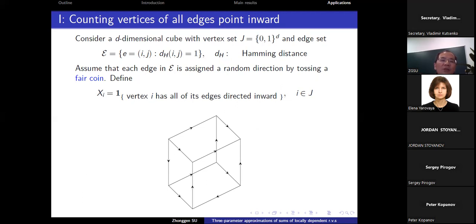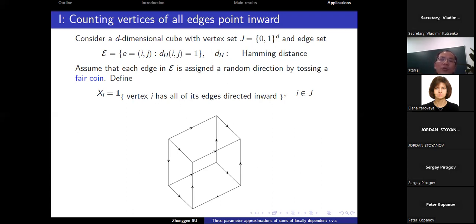Now define xi to be 1 if vertex i has all of its edges directed inward. Otherwise, xi is 0. For example, look at this configuration.